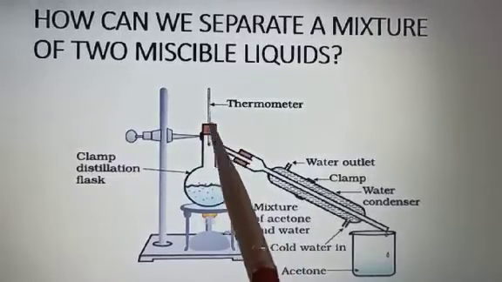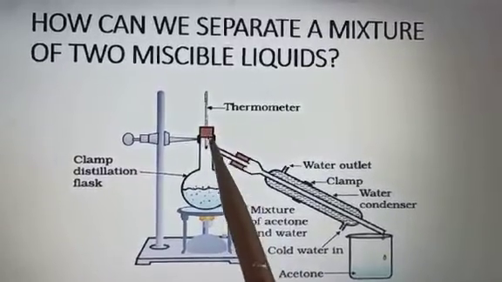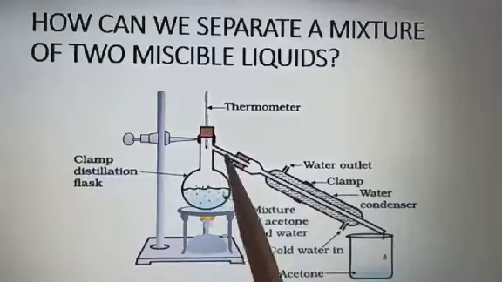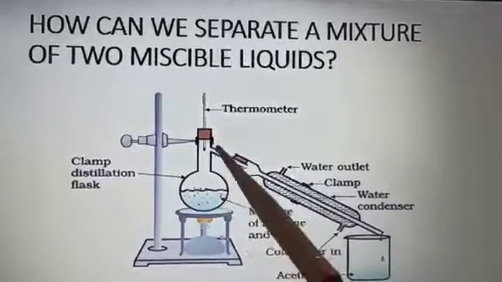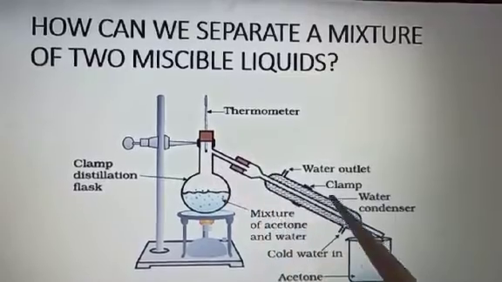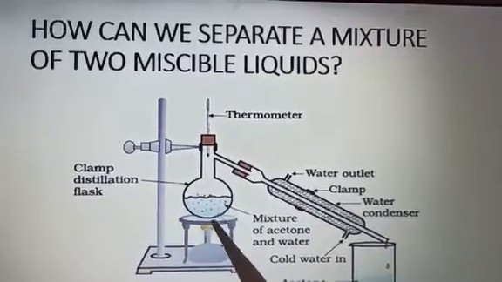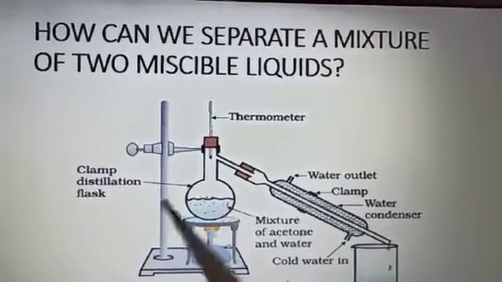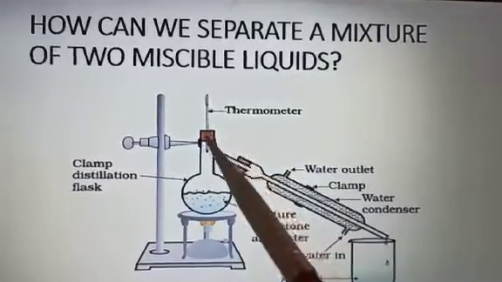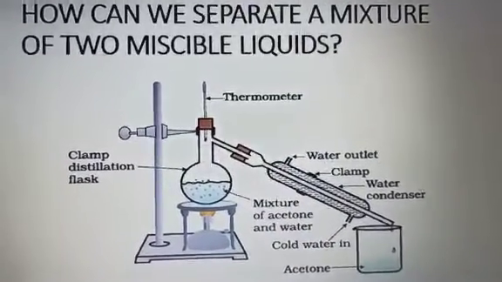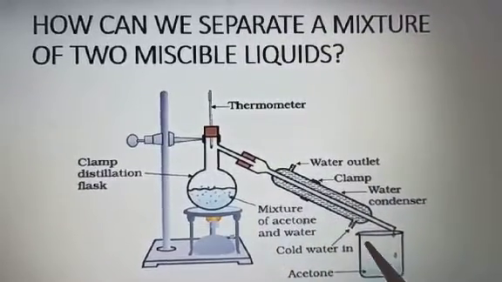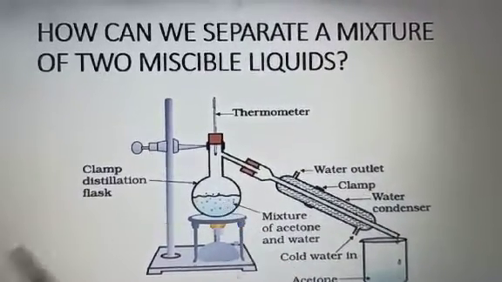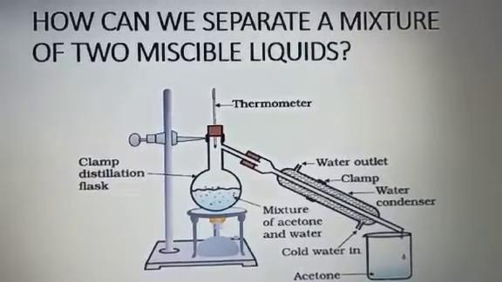The thermometer reading will stay at 56 degrees Celsius until all the acetone has vaporized. When the vapors of acetone have gone out and no acetone is left in the mixture, the thermometer reading will start rising. In this way you can see that acetone is separated from the water, right?